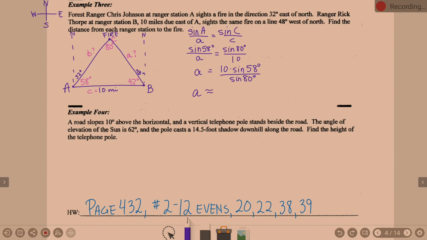Side A is what? I got 8.6. And that is 8.6 what? Miles.